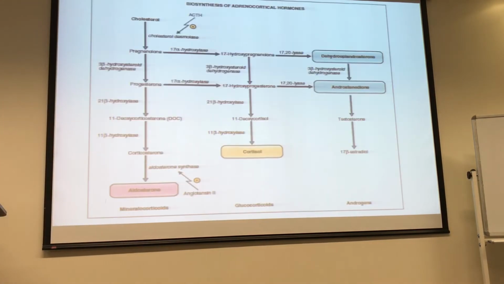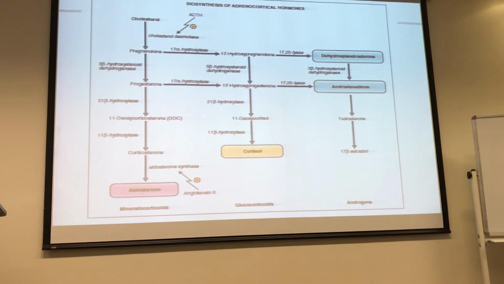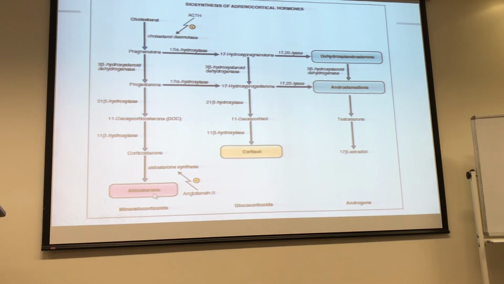So if you see here, in this pathway, 11-deoxycorticosterone, corticosterone, and aldosterone, all three of them have mineralocorticoid activity. So if you block this pathway above this, you have enzyme deficiency of 21-beta hydroxylase, or you have enzyme deficiency of 3-beta hydroxysteroid dehydrogenase, then you cannot produce any of the mineralocorticoids.